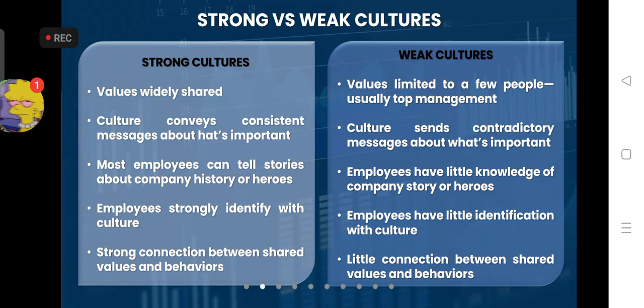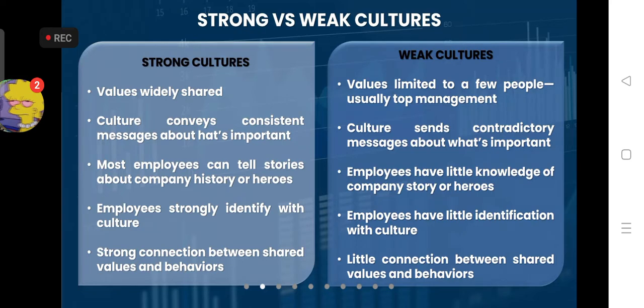Employees also have little knowledge of company stories or heroes. So that's a no-no. Employees have little identification with the culture. And finally, there is little connection between shared values and behavior.